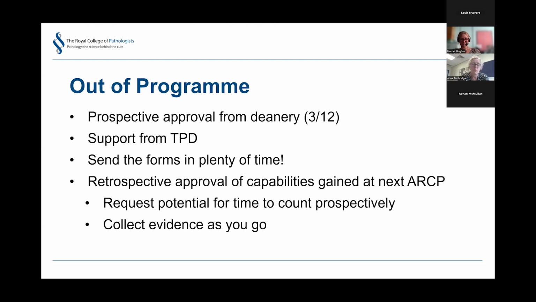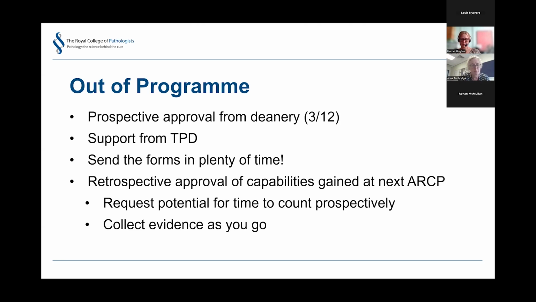There has been a lot of discussion recently about how you can make sure that competencies that you learn when you're out of programme, not in OOP-T because that already counts, but in OOP-E and OOP-R, are recognised. You might be doing OOP-R where you're seeing patients every week and actually gaining a lot of competencies.